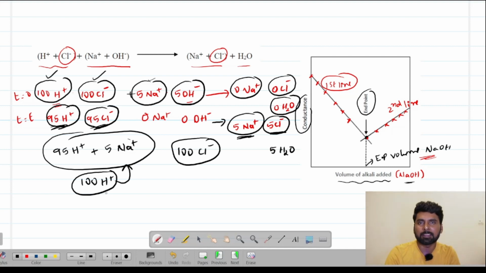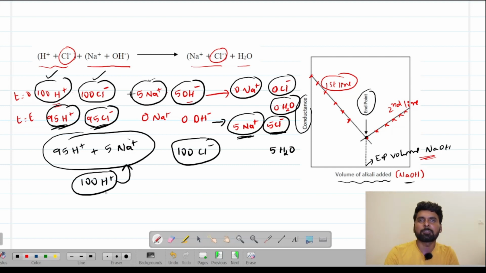So let us assume this situation in the beaker. If one beaker contains 100 H plus ions, and another beaker contains 95 H plus and 5 Na plus, what do you think about the conductance of these two beakers? In the first beaker, all the ions have high mobility, which are H plus ions. In the second beaker, all the ions do not have the same mobility. 95 H plus ions have high speed, 5 Na plus ions have low speed.